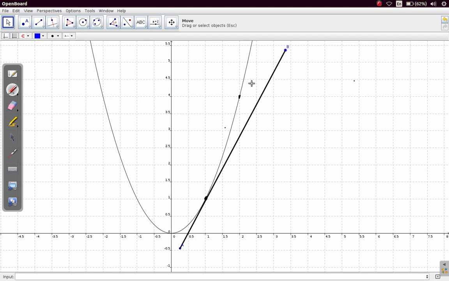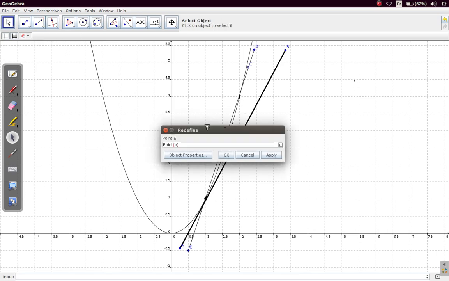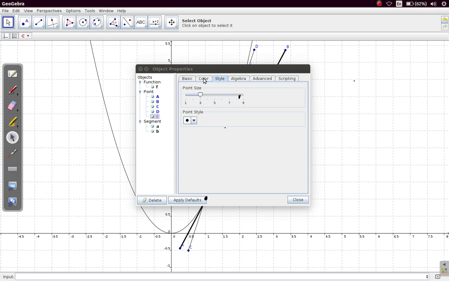then the gradient of it would be a little higher than the gradient at x equal 1. Let's see if we can make a line like that. Draw a line through these 2 points. Let's make the line a different color.